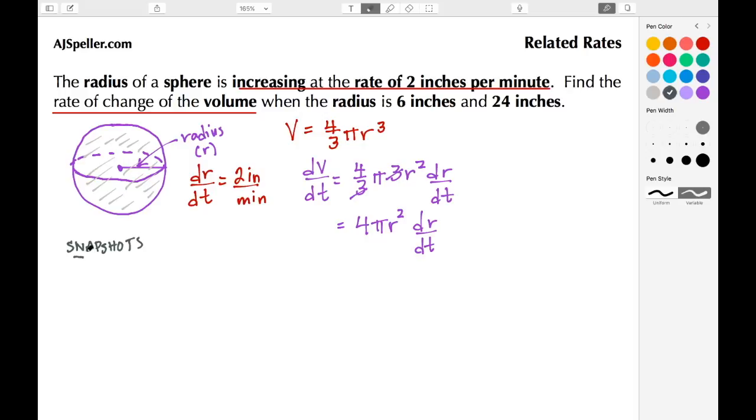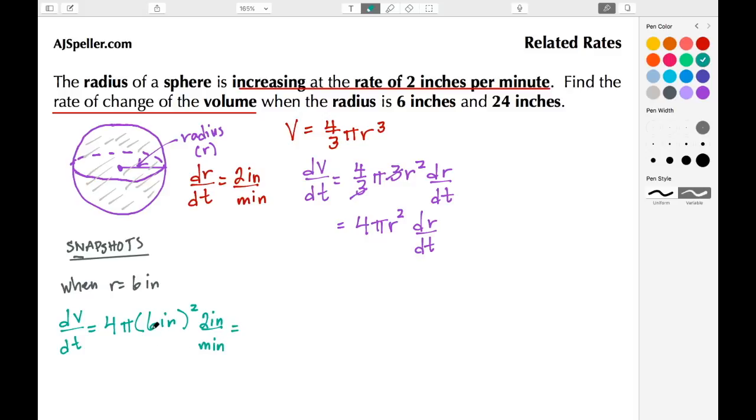For the first one, we want to figure this out when r is equal to 6 inches. So we're going to take the dV/dt. We know we have a 4 pi, and then we have r squared. Well, r in this case is 6. So we have 6 inches, and we're going to square that, and then we multiply that by dr/dt, and we see dr/dt is 2 inches per minute. And now we just do our multiplication.